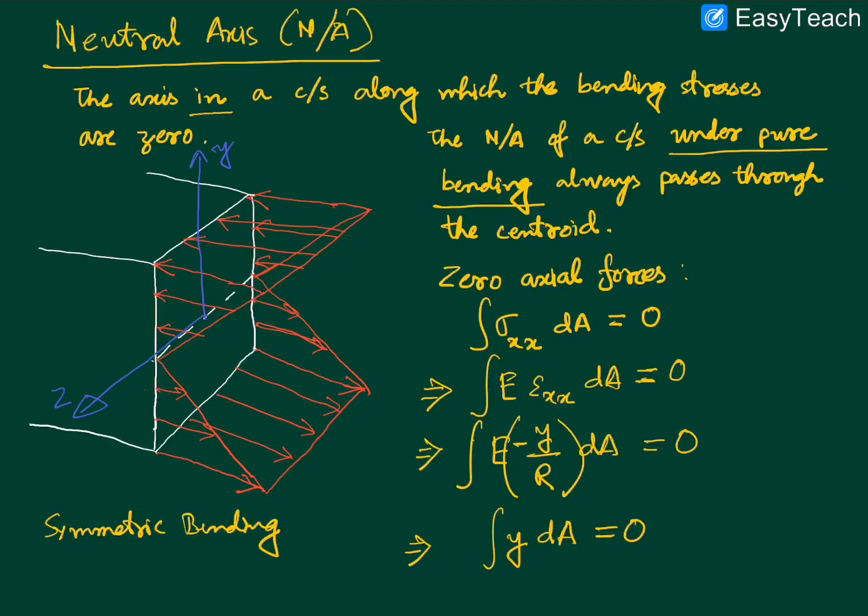That means that the z-axis, and please note that the z-axis is coinciding with the neutral axis, so this has to pass through the centroid, because the integration of y dA equals 0.